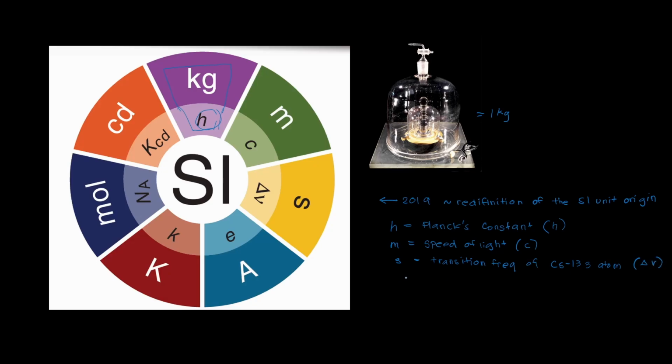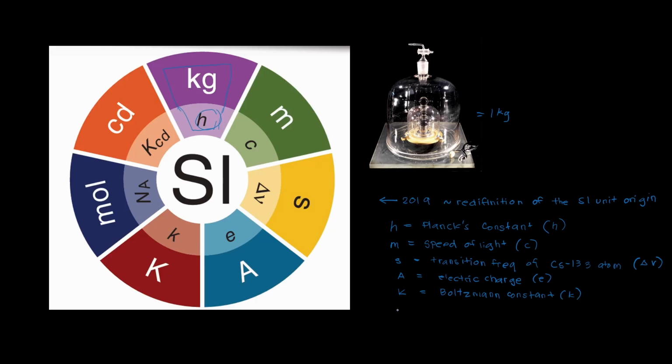And then we have amperes, and it is based on the electric charge, which is e, okay? And we have Kelvin, which is based on the Boltzmann constant, which is small letter k.